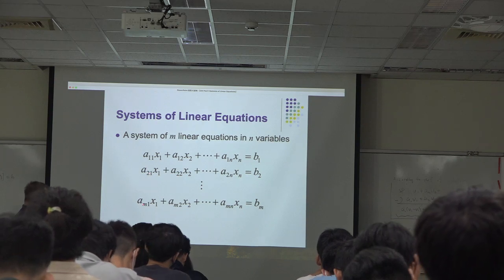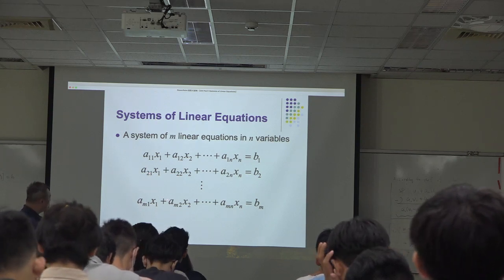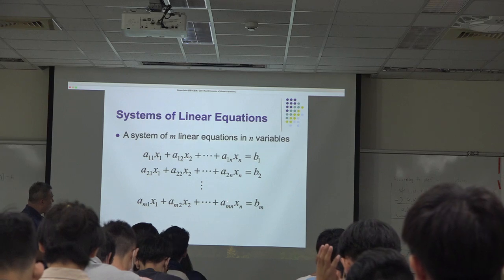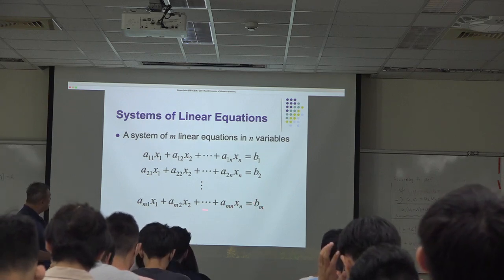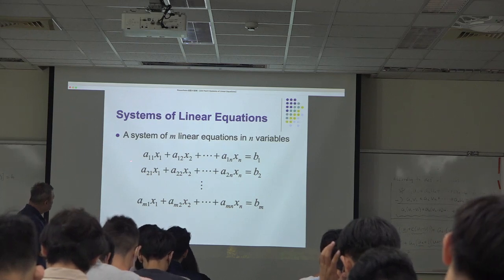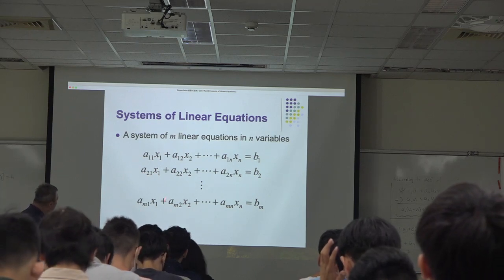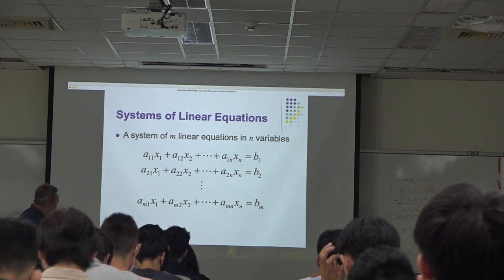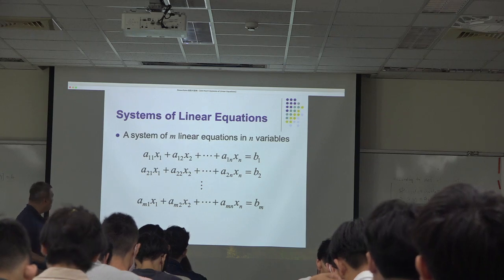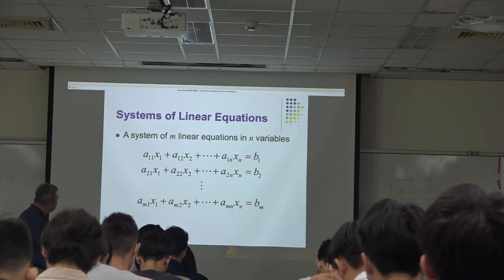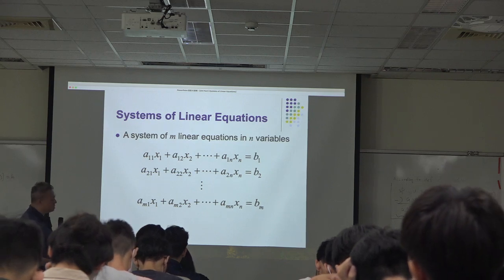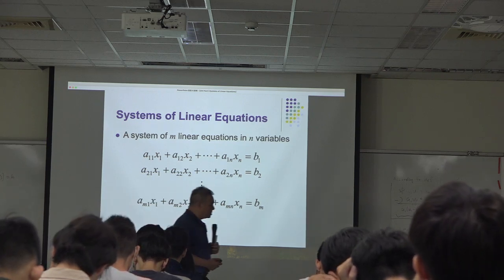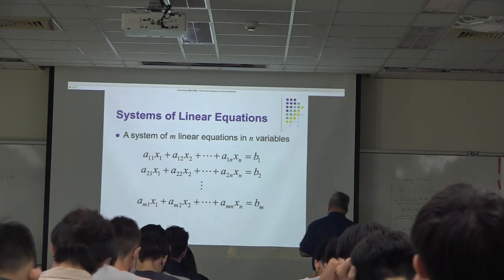And so on until am1 x1 plus am2 x2 plus and so on plus amn xn equal to bm. You can see that we have n variables, x1, x2, up to xn, and we have m linear equations. These m linear equations form a system.